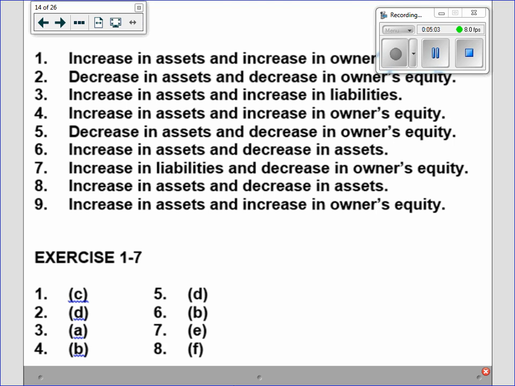Yeah. Boy, that's a weird one. I didn't even see that, A, B, C, D, E, F, G. So if you look at number 1, purchased computers on account, do you guys want to just look at the letters or do you want me to walk through it? What would you like? Walk through it?